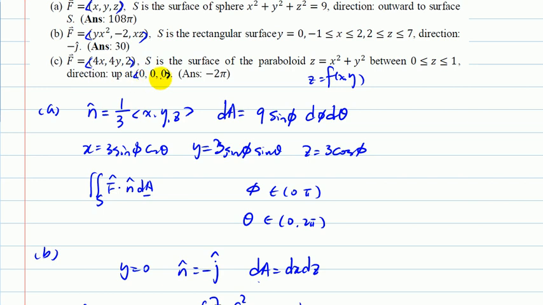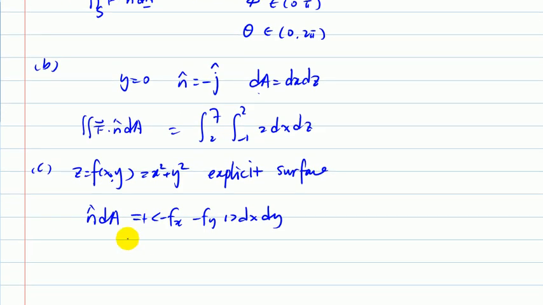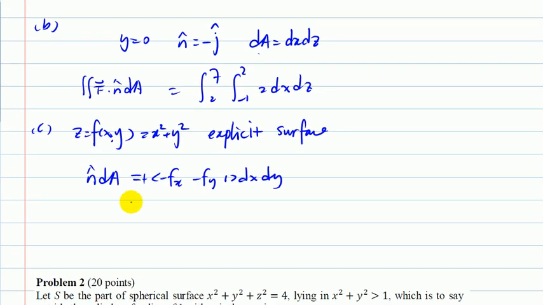So that's why we're taking n hat as up. If you calculate n hat and plug in 0, you want n hat to be up, so the sign here has to be positive. Apparently, according to this question, it's going to be negative f_x, negative f_y, 1 dx dy.